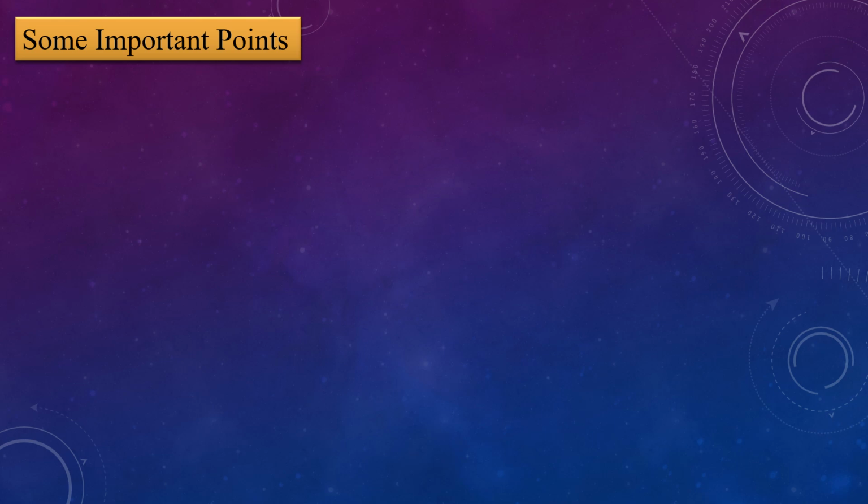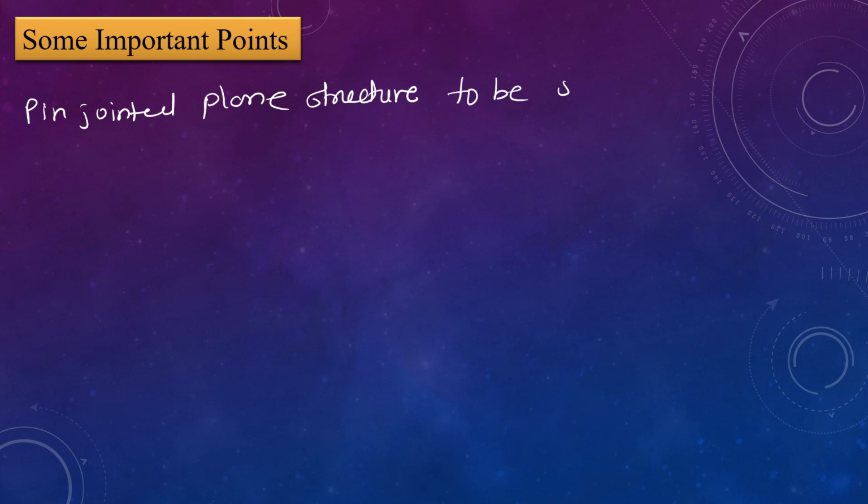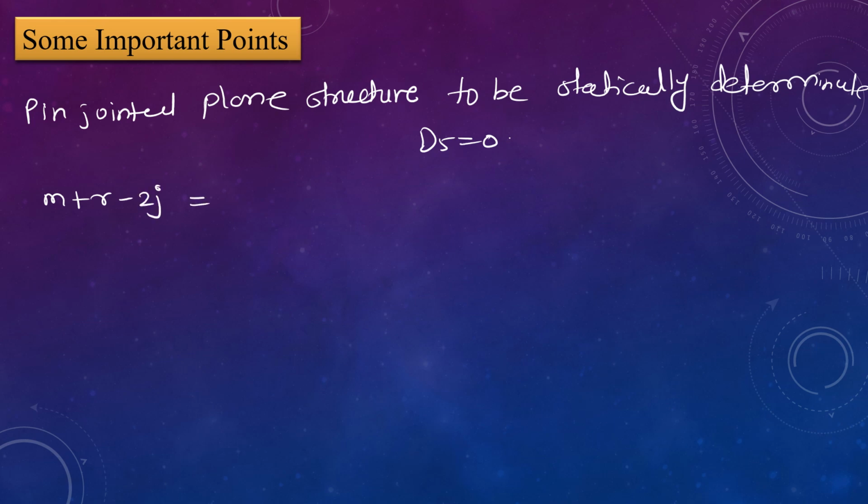For a pin jointed plane structure to be statically determinate, meaning DS is equal to 0, you can directly use M plus r minus 2j equal to 0 for 2D, and M plus r minus 3j equal to 0 for 3D.